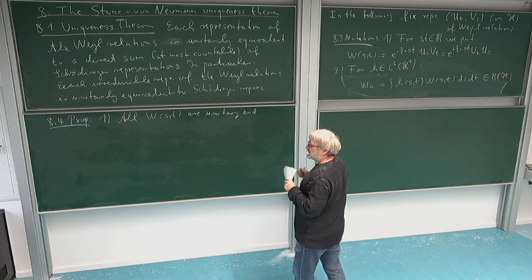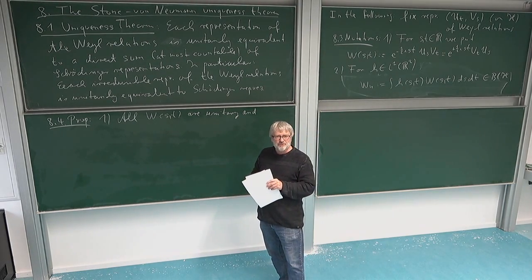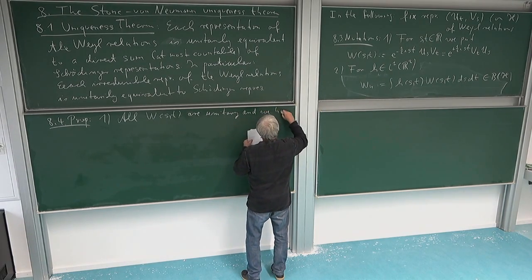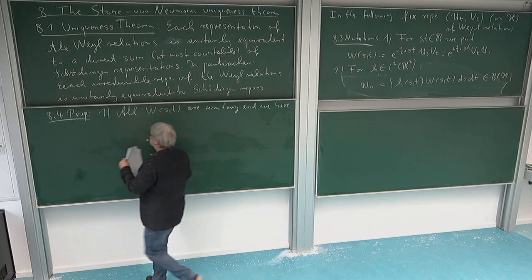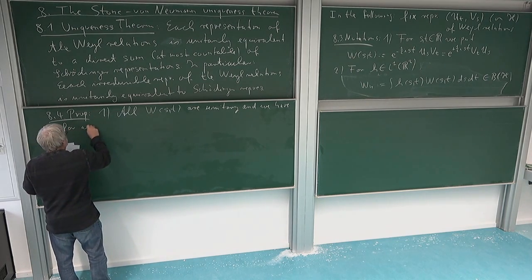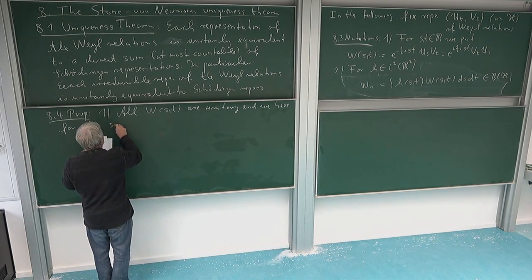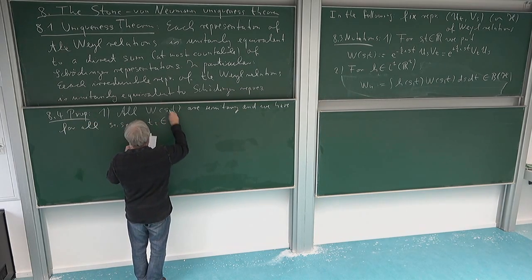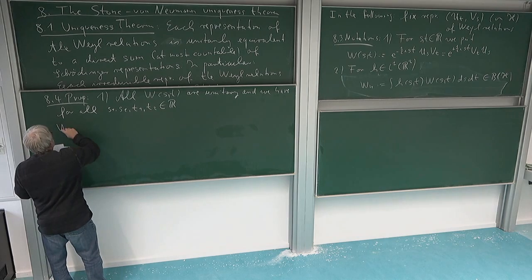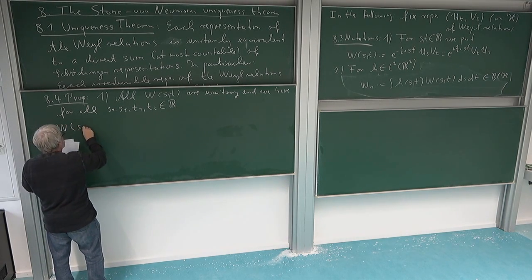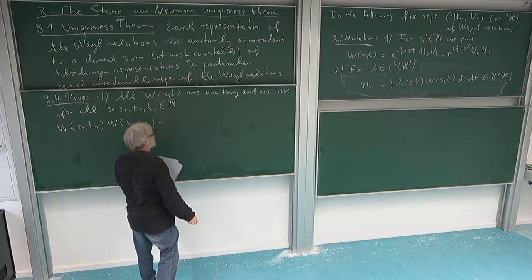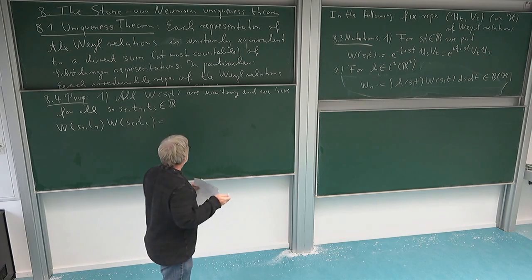So the Weyl relations can be rewritten as relations for multiplying two of the W's. So for all arguments which we need there, so I need S1, S2 and T1, T2 in R, we have the following. If I'm multiplying W of S1, T1 with W of S2, T2, then the effect will be mainly that I'm adding the arguments.